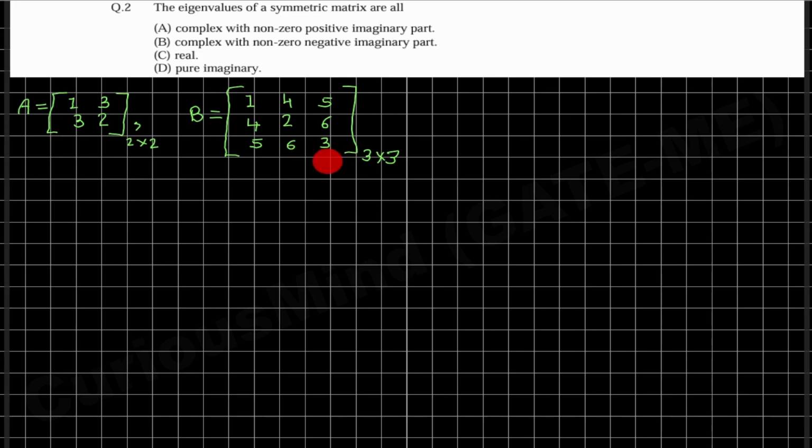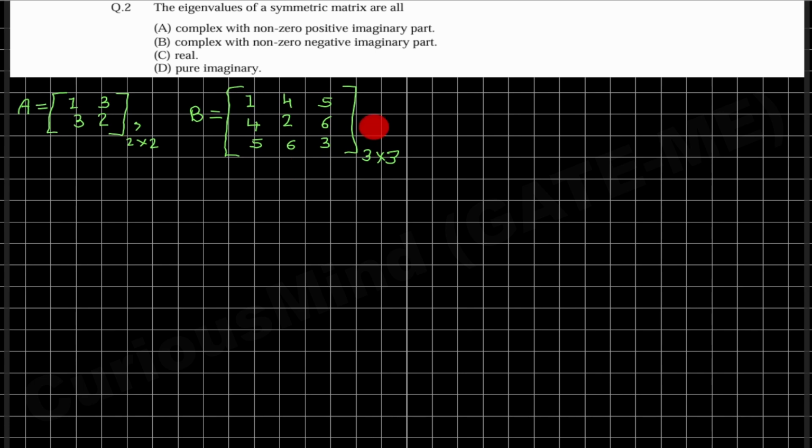It's a 3 by 3 square matrix with 3 rows and 3 columns, with elements the same across its main diagonal, meaning 4 is equal to 4, 5 is equal to 5, and 6 is equal to 6.